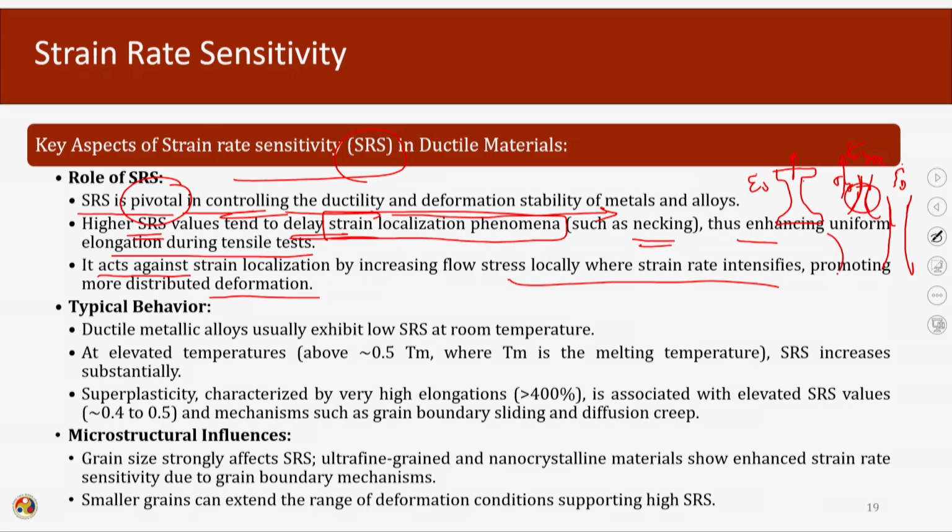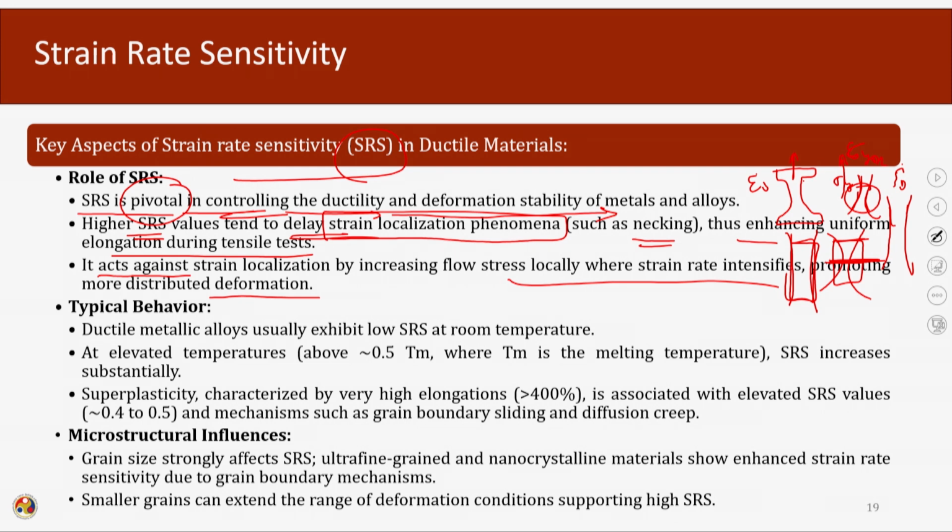In the static case, the necking will start to form earlier, but in the case of dynamic loading, the necking will be delayed and the stress distribution in the cross section will be uniform. Here we can see the stress distribution is non-uniform. The amount of stress here will be larger than in this area.